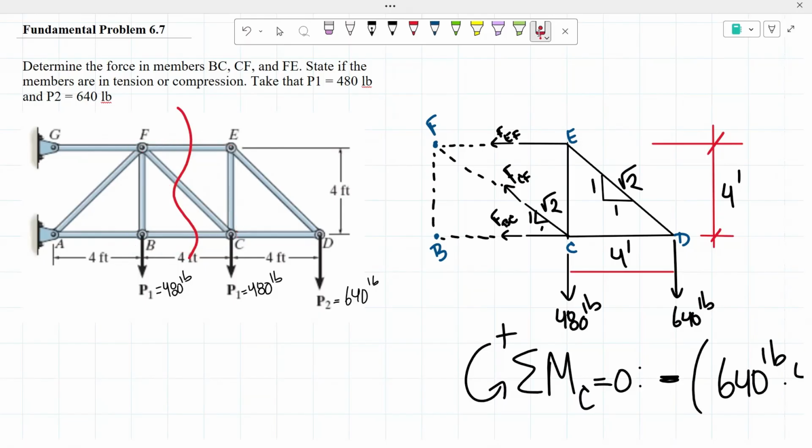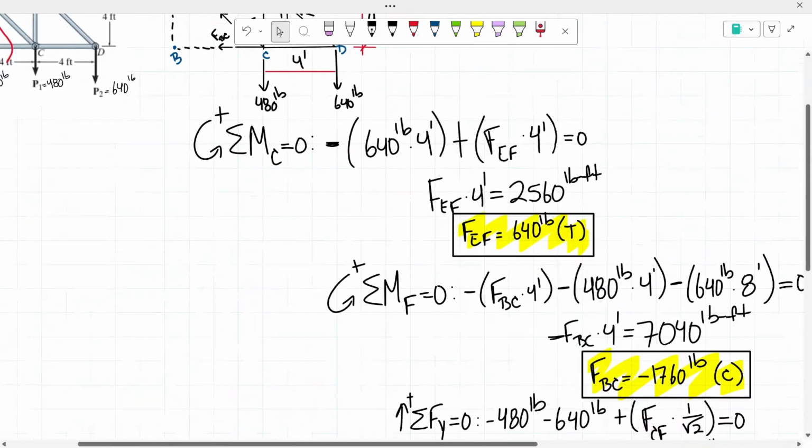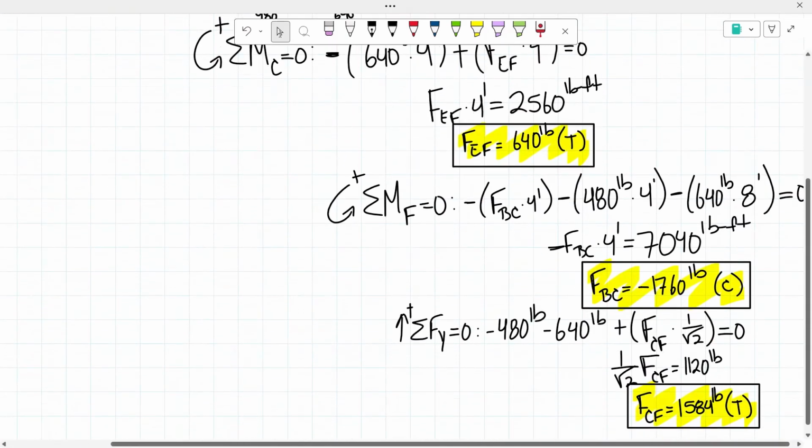From there, I quickly took a glance at the left and the right side of the truss and saw that working with the right side of the truss would be much simpler than working on the left side. And then from there, I just drew out my truss, and then I just took either the sum of the moments about a point, or the sum of the forces in the y or x direction.